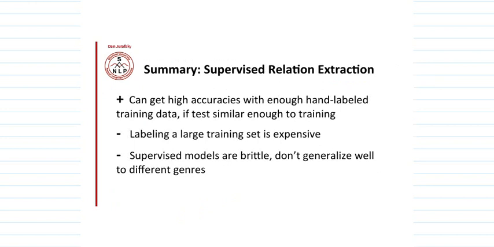Hand labeled data is labeled by hand, and we do not employ any automatic mechanism to label it. But hand labeling such data is very expensive, so we have another class of algorithms, the semi supervised algorithms.